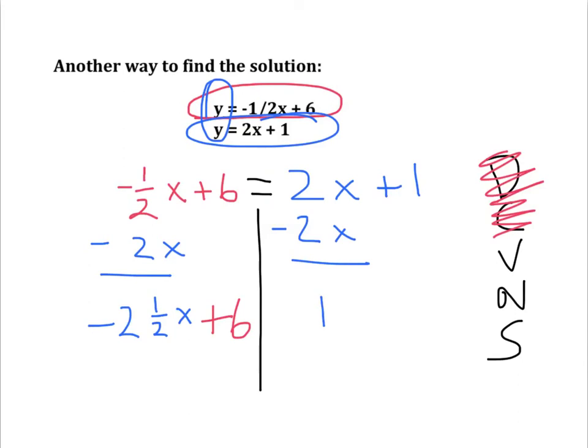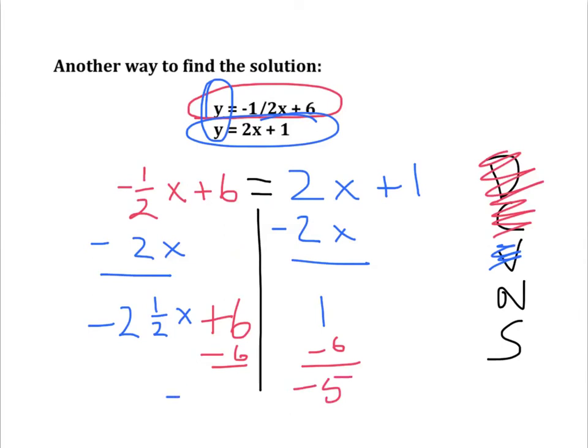So after we move our variables to the left, we have to move our numbers to the right. So I'm going to subtract 6, and I find out that I have negative 5.